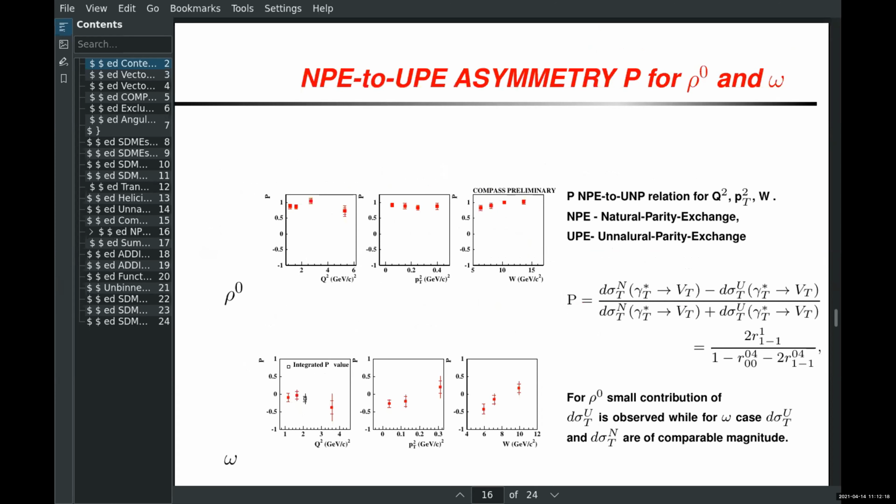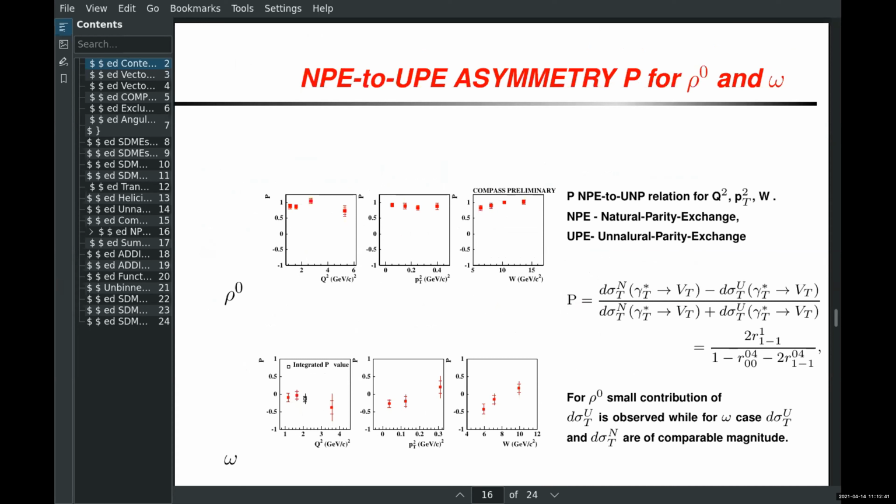Next is the asymmetry for the transverse-to-transverse transition, selected by transitions with natural parity and unnatural parity. It is described by these elements from the SDMEs.